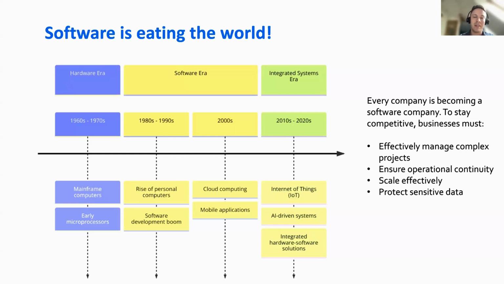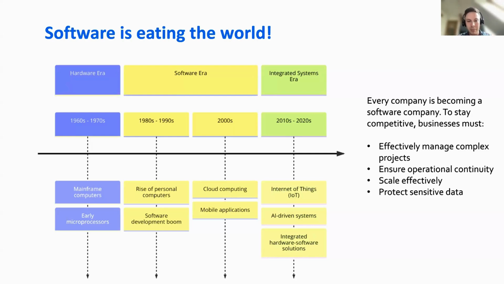But the interesting part that I'm going to talk about today is this third one, the integrated systems era, because we live today in a time when hardware and software are coming together more than ever before. And think of the Internet of Things, think of autonomous cars, think of smart home appliances, think of robotics, and so on.